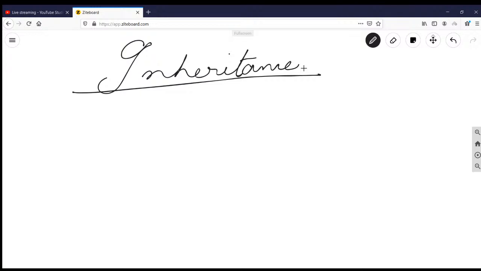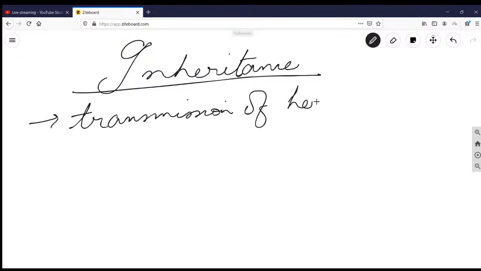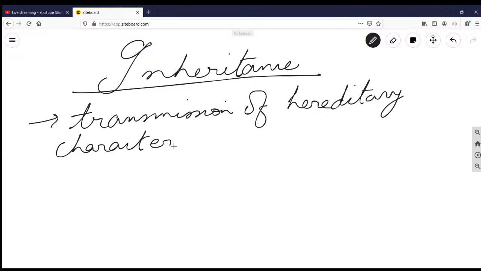So Mendelian inheritance or Mendelian genetics or Mendelism is a set of primary tenets relating to the transmission of hereditary traits or hereditary characteristics from parent organisms to their offspring.